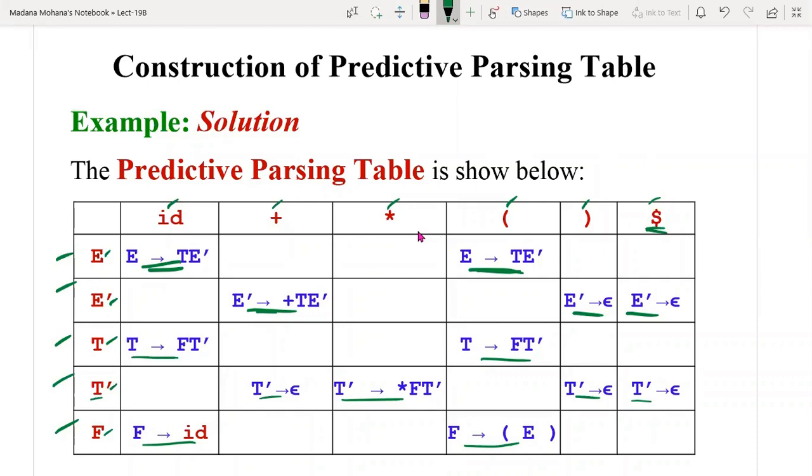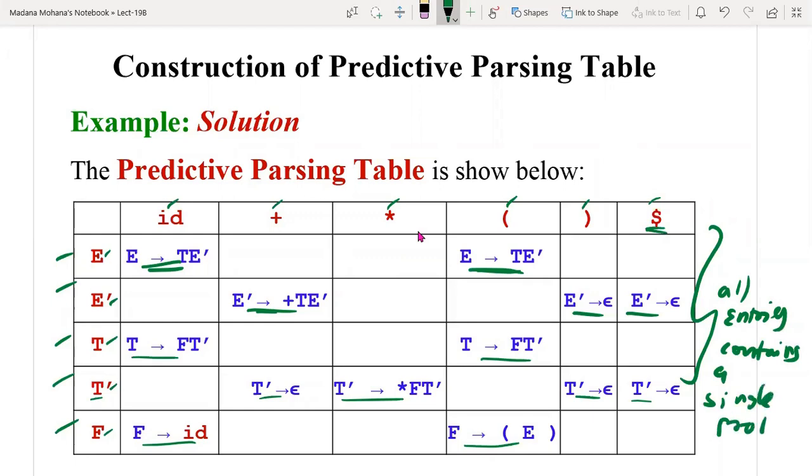Therefore, in this table, all entries contain a single production. Therefore, the CFG G given in this example is an LL1 grammar.